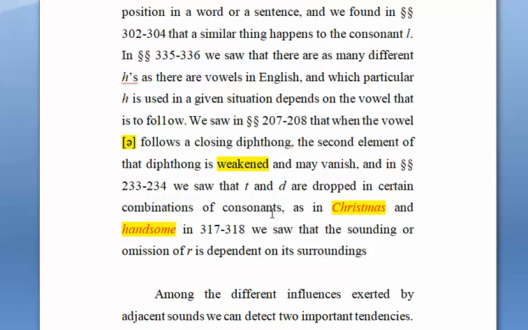So when a vowel follows a closing diphthong, the second element of the diphthong is weakened and may vanish. And in the second point, t and d, we have this kind of elision, or dropping of the consonants t and d, in Christmas, handsome.